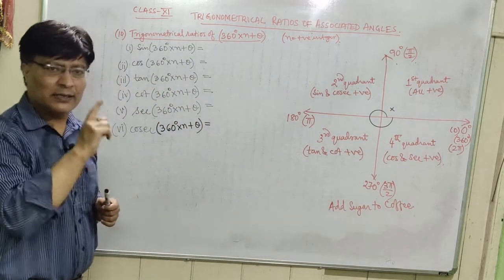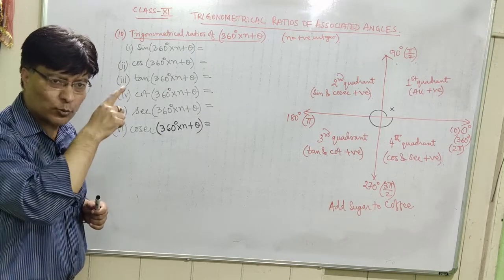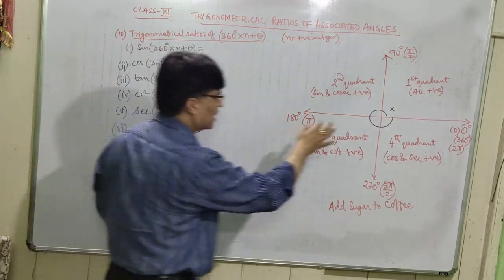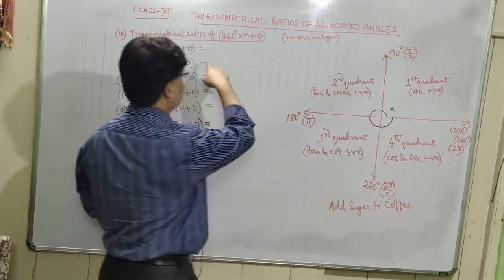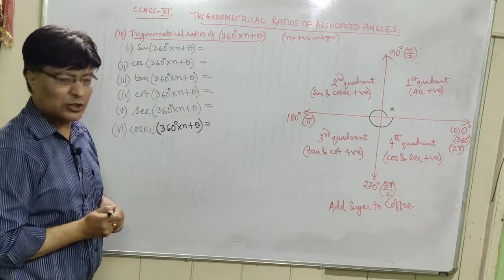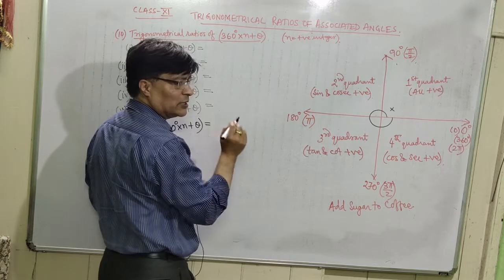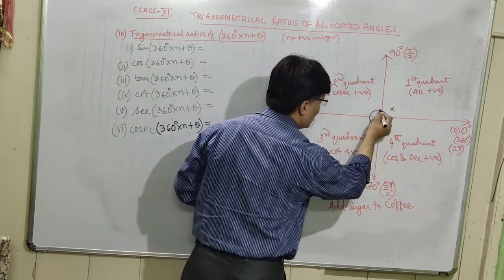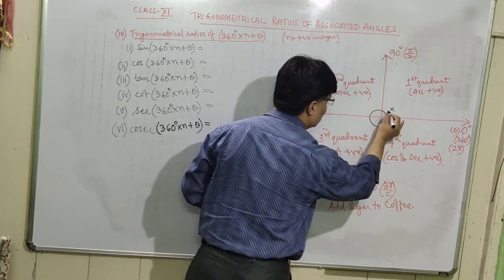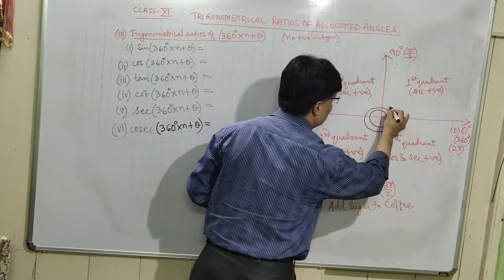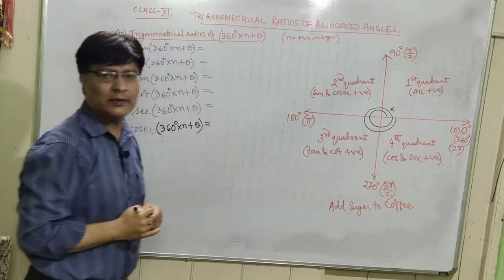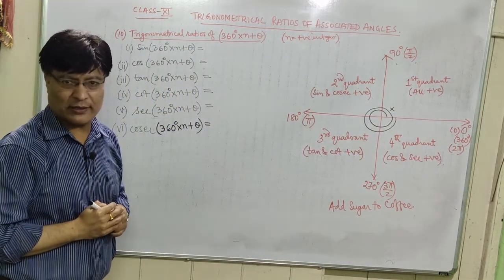Is that clear? Suppose n is 2: 360 degree into 2 means 2 rounds plus theta. So it lies in the first quadrant again.